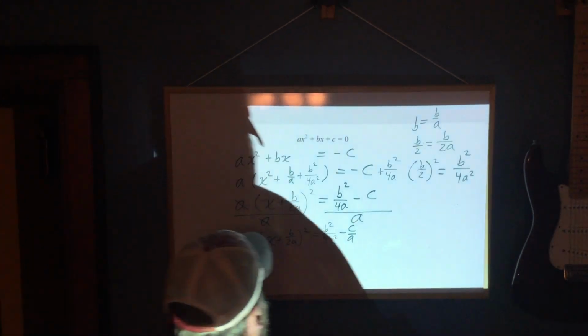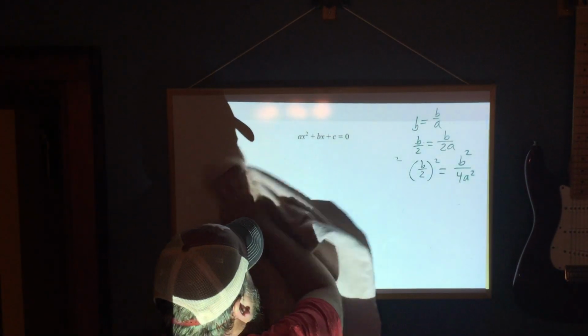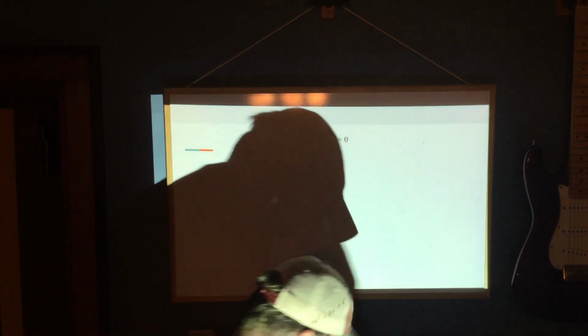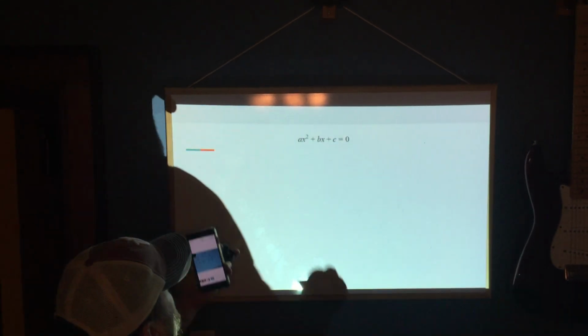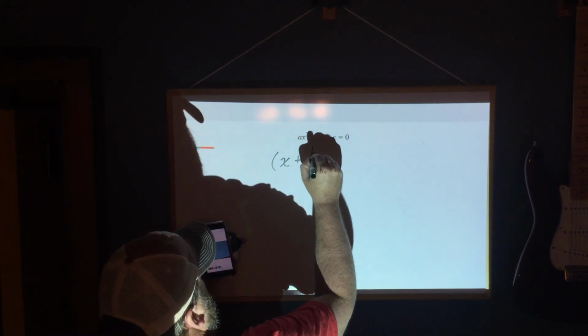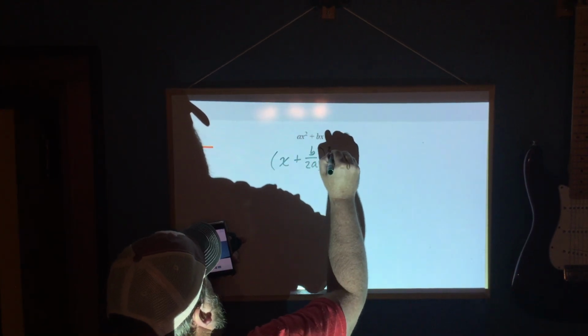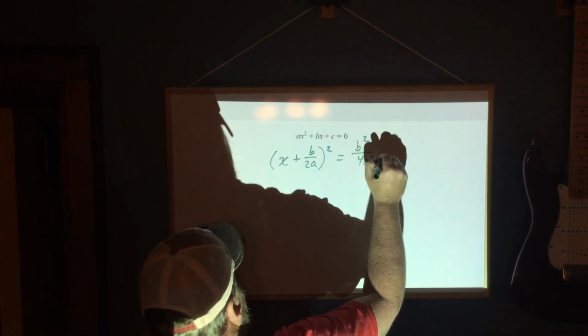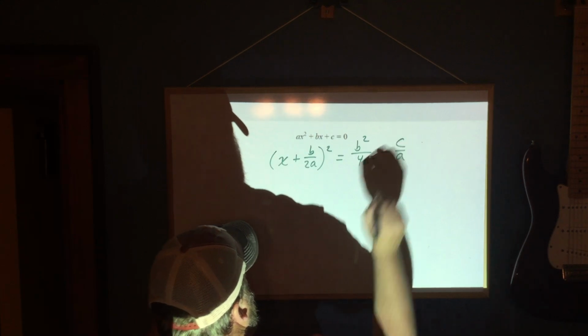We're not quite done yet. So I was here where we had (x + B/2A) quantity squared, equals B squared over 4A squared minus C over A.